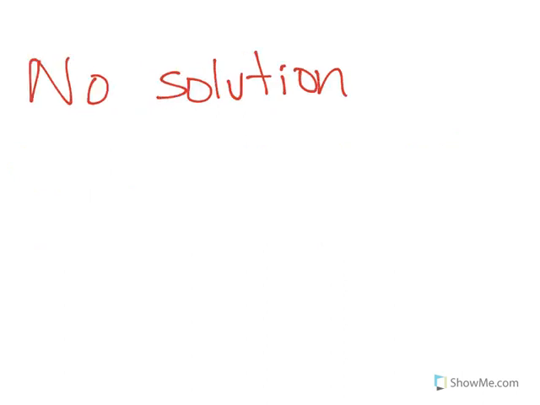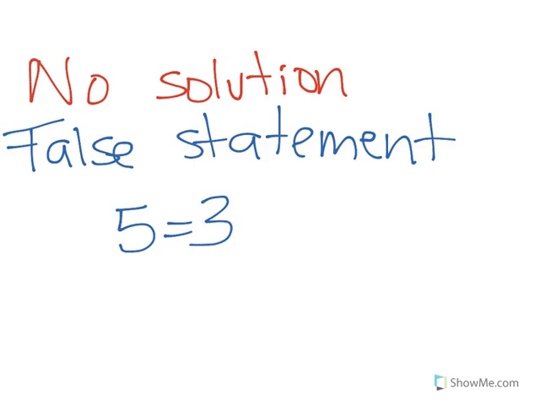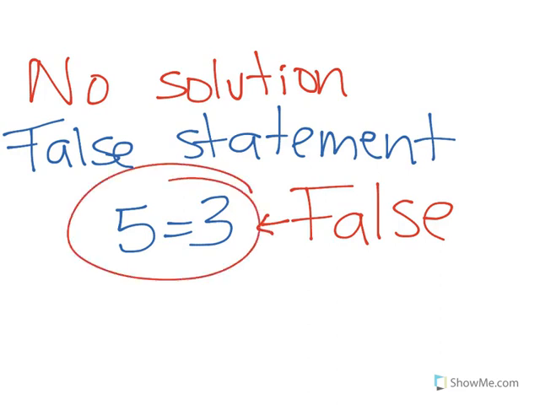But when you have no solution, you will get a false statement at the end of substitution. What does it mean to get a false statement? Well, you will get something like 5 is equal to 3. That is a false statement. When you get something similar to this, something that says that a number is equal to another number that is obviously not right, then you know that you have no solution. So at the end of substitution, you will get a false statement.